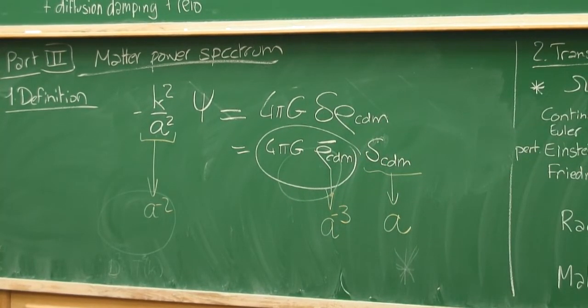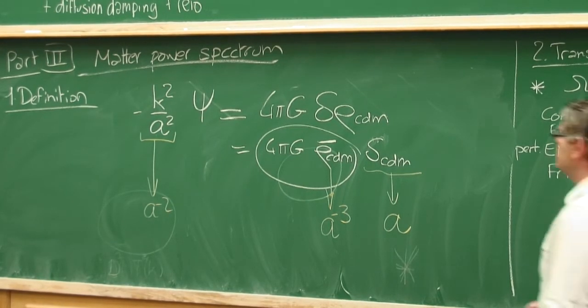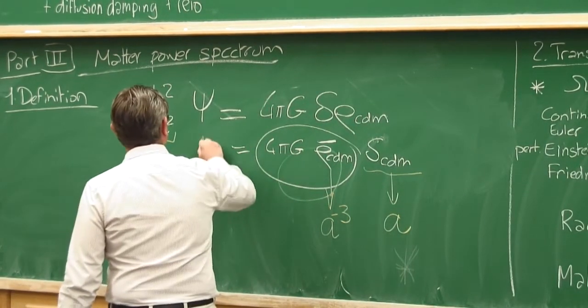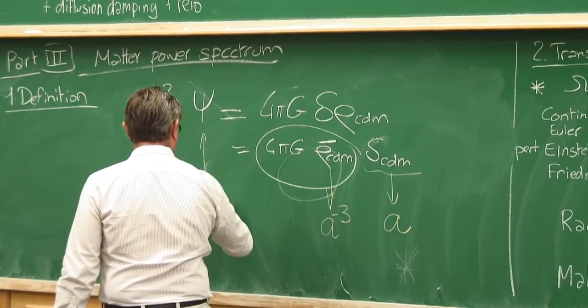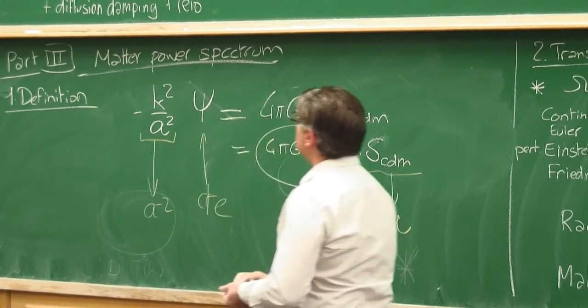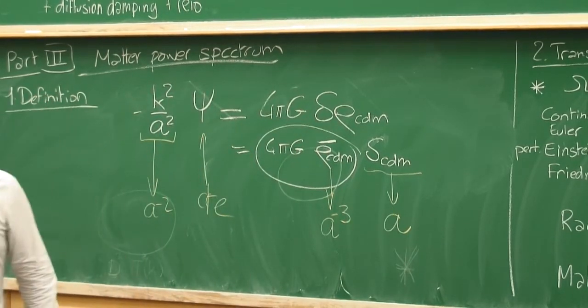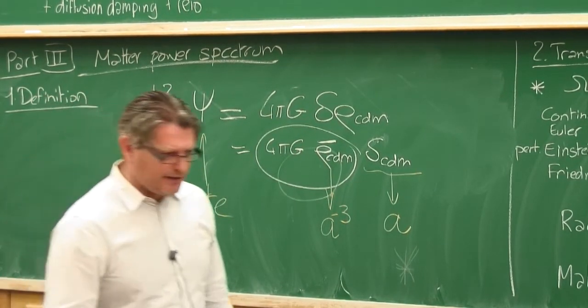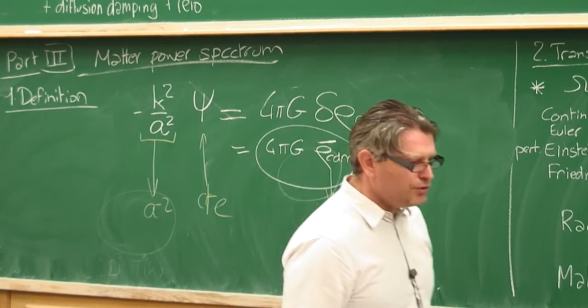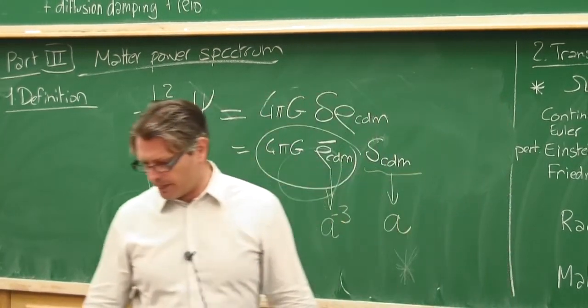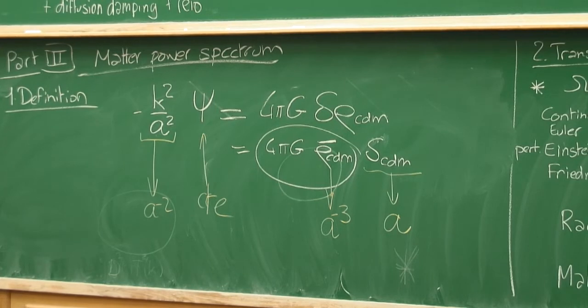How does psi scale? It's a constant. And it is something that we anticipated when we discussed the integrated Sachs-Wolfe effect, the late integrated Sachs-Wolfe effect. We said that there is no late integrated Sachs-Wolfe effect during matter domination because the potential is static. You have the proof.